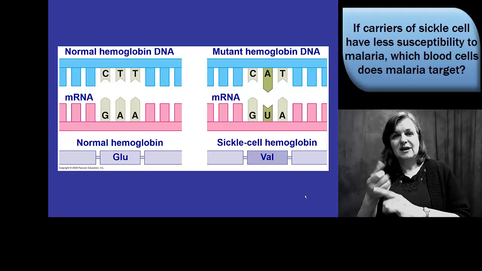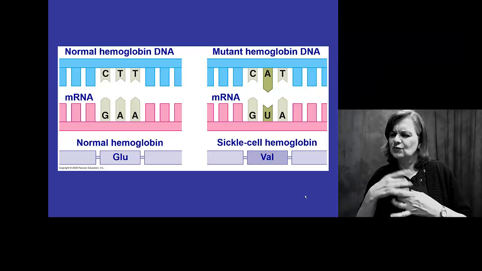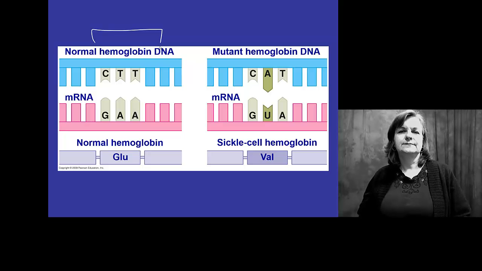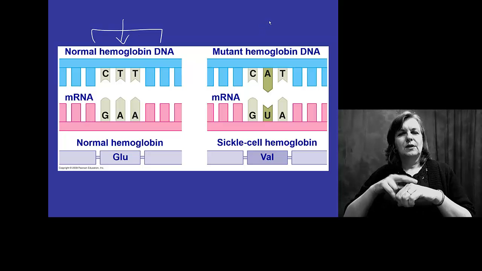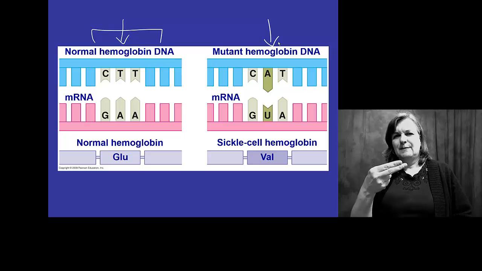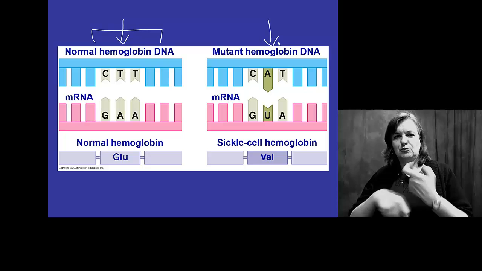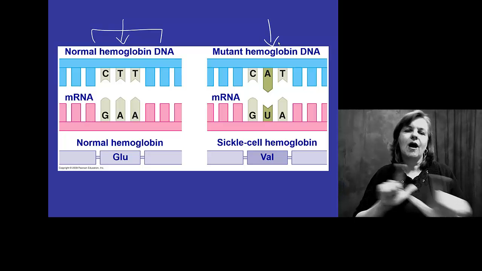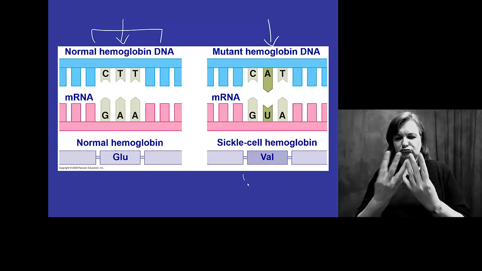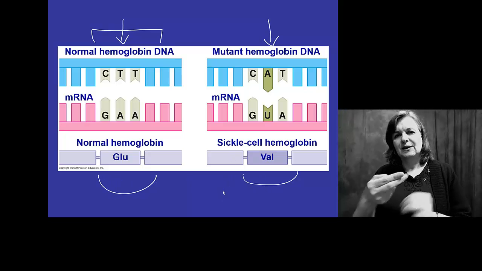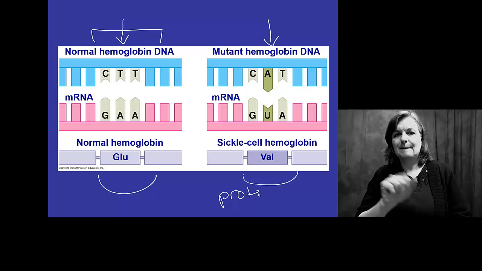Very interesting. So your normal hemoglobin, up at the top here, mutant hemoglobin changes one base pair. One single base pair in your entire DNA changes to end up with this mutant hemoglobin, which changes a single amino acid, which ends up producing the wrong protein.